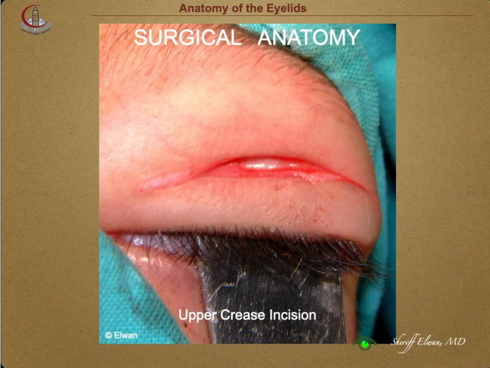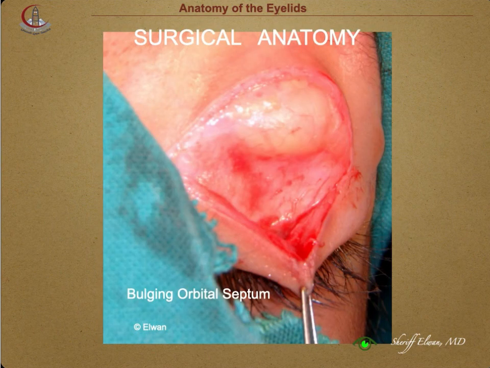During dissection for the surgery of upper lid for ptosis, the surgery called levator palpebrae superioris resection, after incising the upper crease, we can characterize and find the orbicularis, and then dissecting the orbicularis we can see the septum, and the septum has fat behind it in the retroseptal or the preaponeurotic space, two names for the same space.